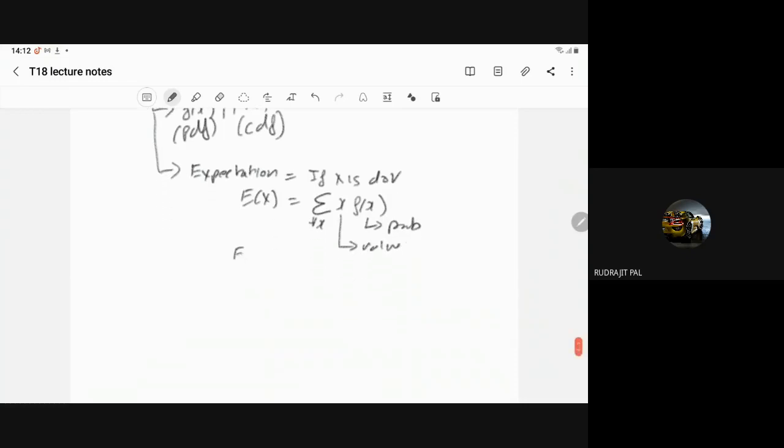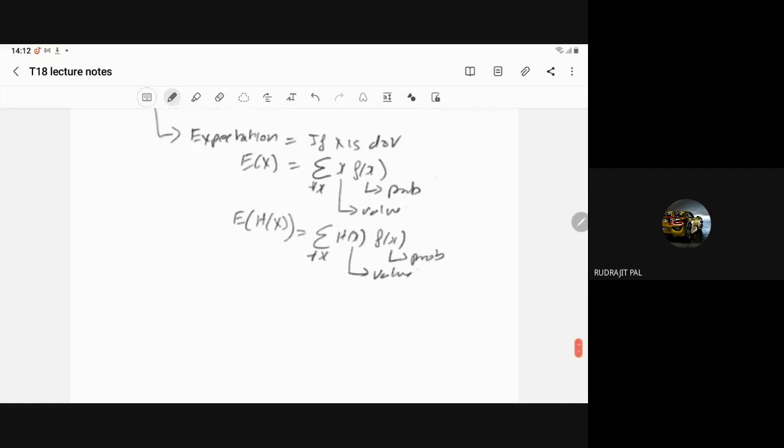Similarly, if you have to determine the expectation for any function of x, the function of x is again a random variable. We are computing the expectation for a random variable only. So it is the summation for all x of hx value into probability.